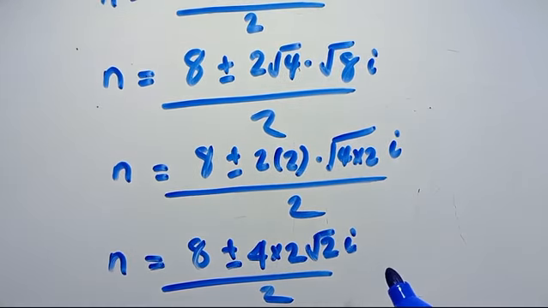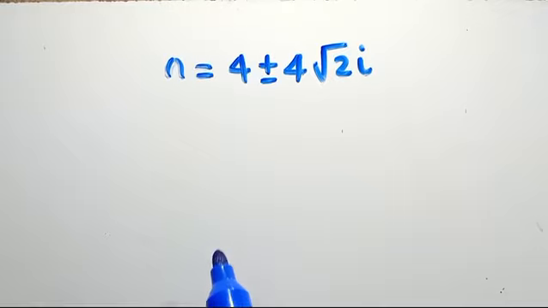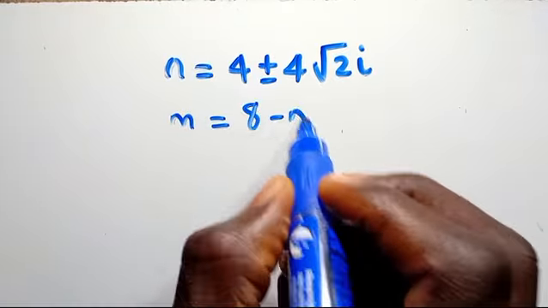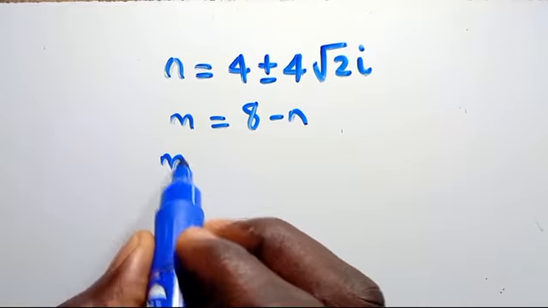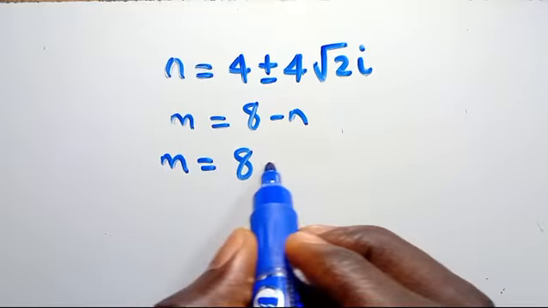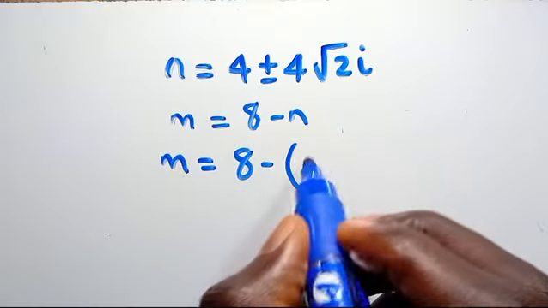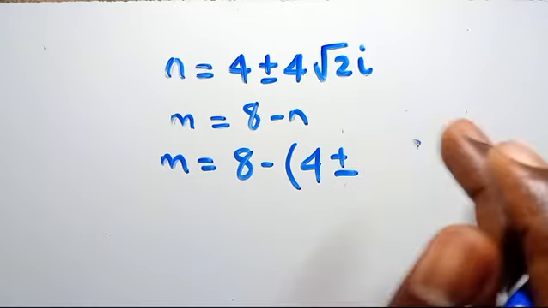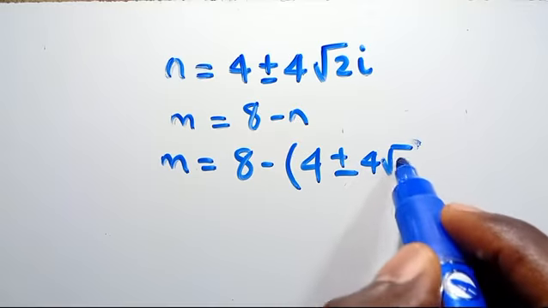Now let us recall that we have m equals 8 minus n. m will now be 8 minus our n, which is 4 positive or negative 4 multiplied by root 2i.